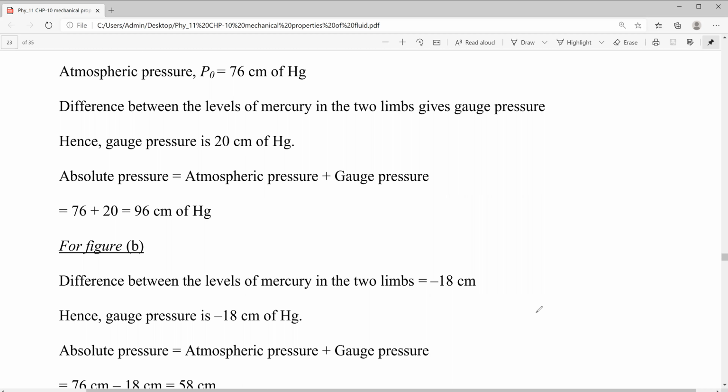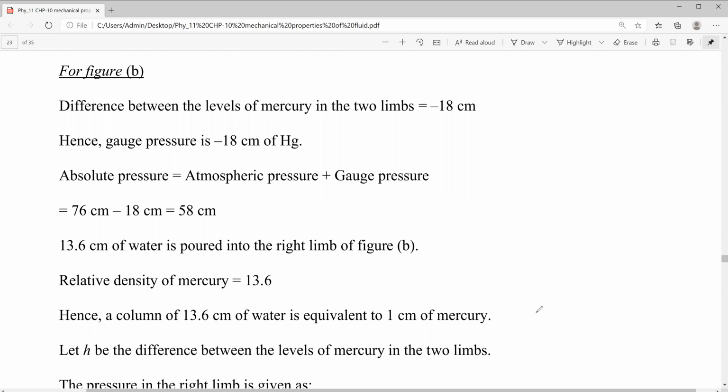The difference between the levels of mercury is given, that is the difference of pressure, which is nothing but gauge pressure, that is 20 centimeter. Absolute pressure is calculated by using the formula atmospheric pressure plus gauge pressure. We got 96 centimeter.